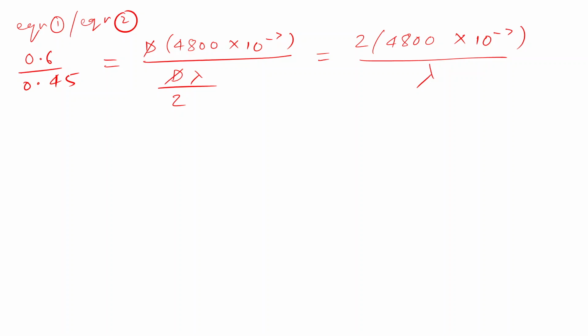0.6 divided by 0.45 will be 0.27. Now when I take this all in the denominator, on this side it will be 2 times 4800, so 9600 times 10 to the power minus 7 is equal to 1 over lambda.